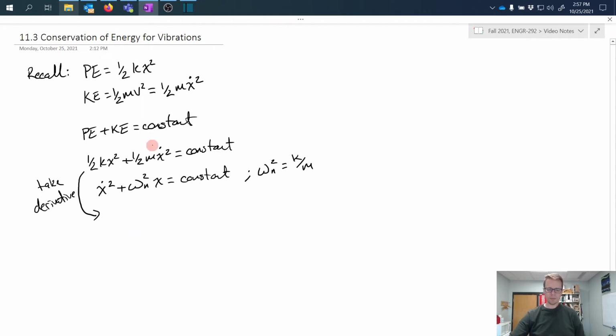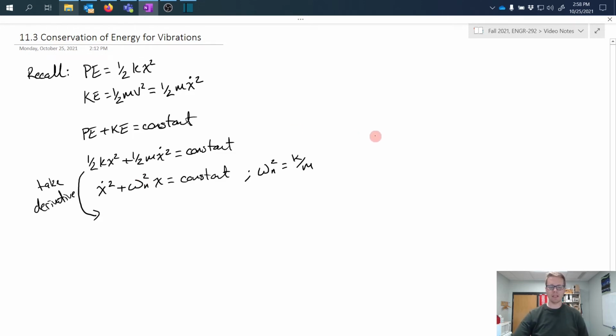So I'm going to go ahead and take that derivative. We do have to be a little bit careful here because this equation is in terms of x, and I want to take the derivative with respect to time. We have to remember that x itself is a function of time. So if I'm taking the derivative of something which is itself a function of some other variable, I need to make use of the chain rule.